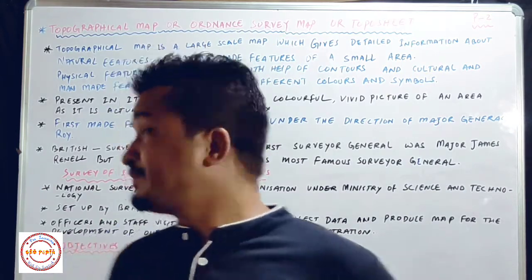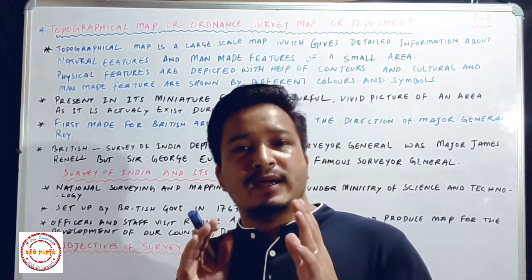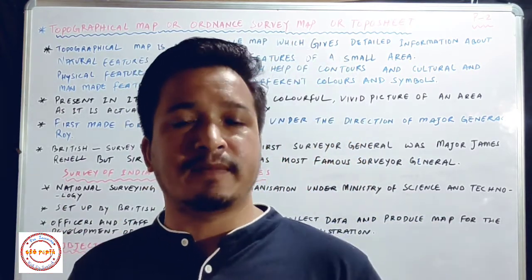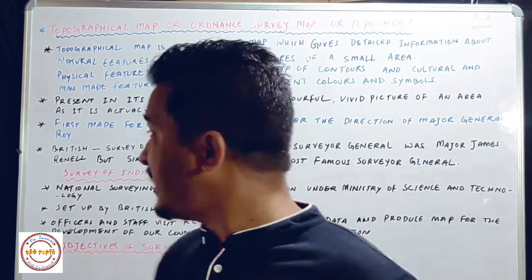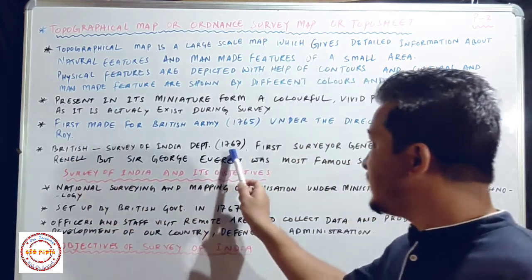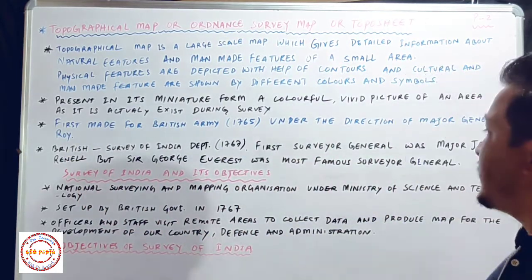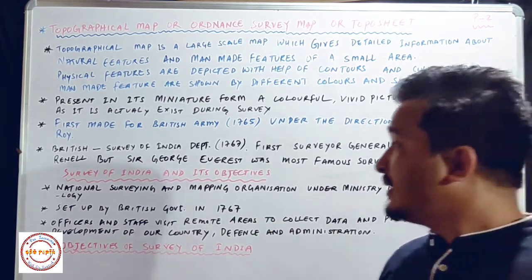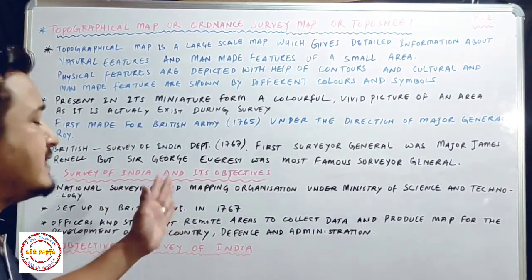Then you learned that a topographical map is prepared by one department, the Survey of India department, which was established in India by the British government in 1767, and the first Surveyor General was Major James Rennell.